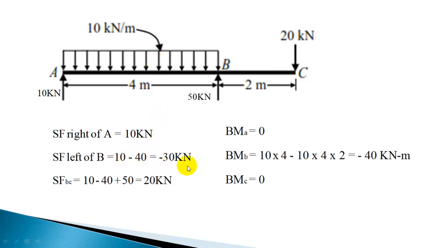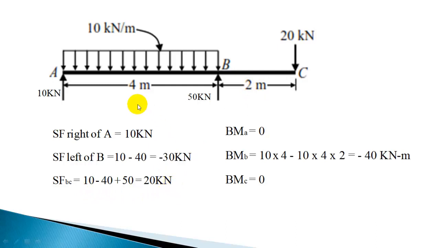So you get minus 30 as the shear force immediately left of B. Then for the section BC, it is going to be 20 kilonewton. That is 10 minus 30 plus 50. That will give the shear force in the section BC, and that is 20 kilonewton.